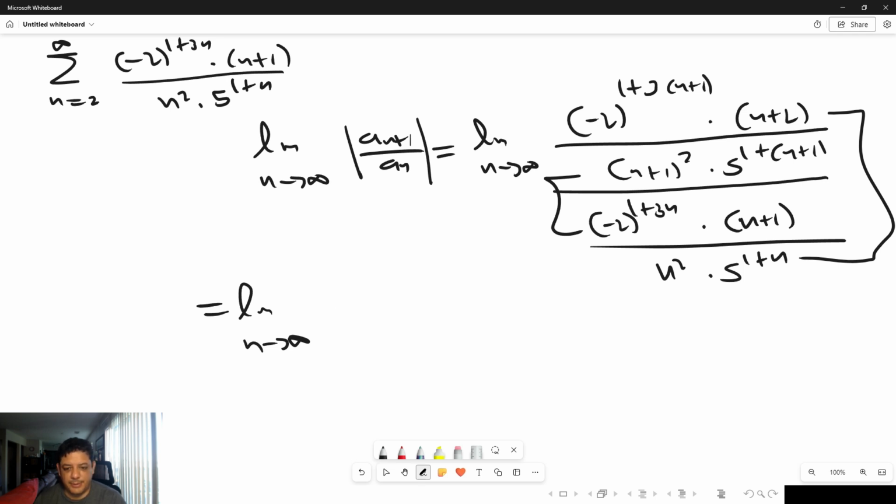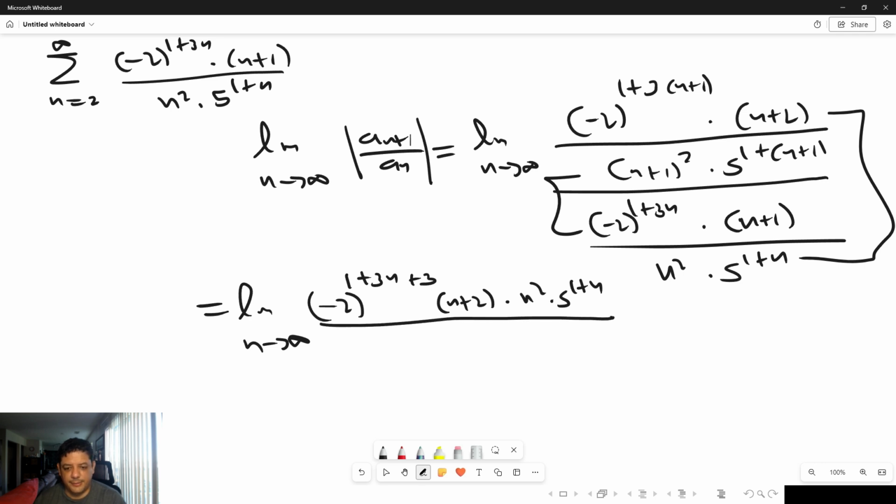So this is going to be minus 2 to the 1 plus 3n plus 3. And this is going to allow me to cancel out with the bottom. Here I'm going to have the n plus 2 and the n squared times 5 to the 1 plus n. And so on the bottom, I'm going to have minus 2 to the 1 plus 3n.